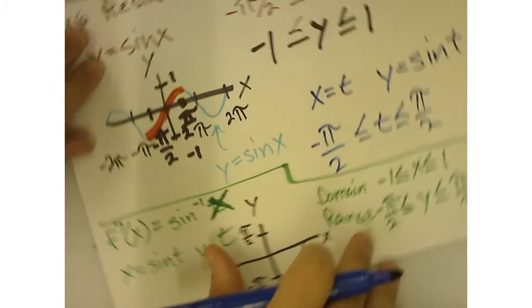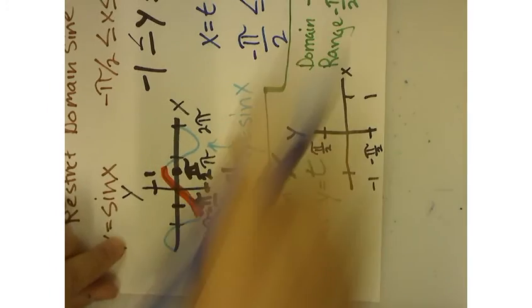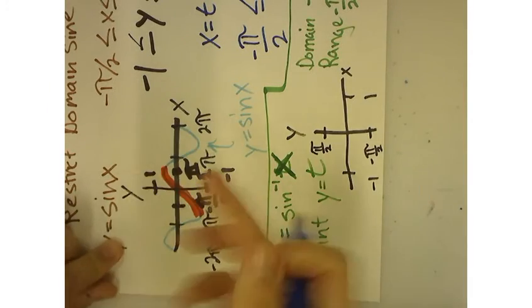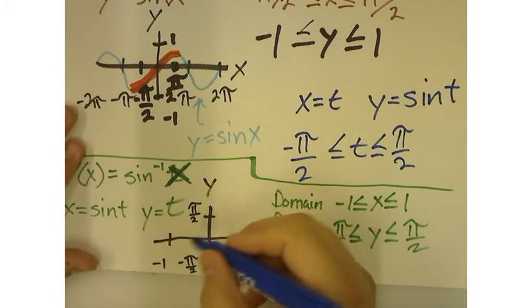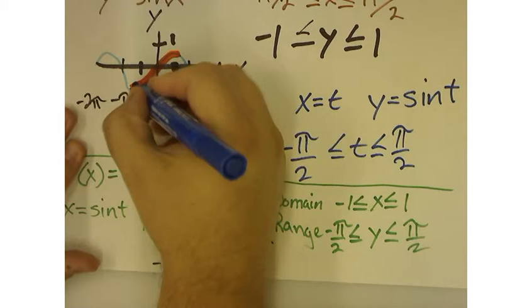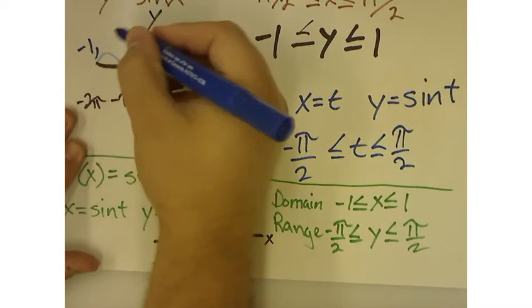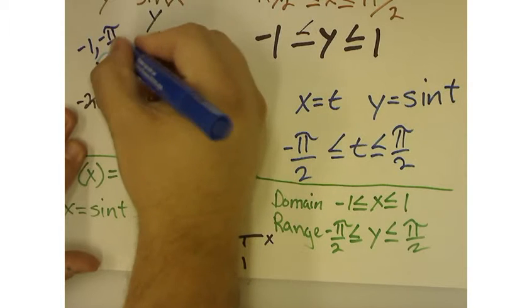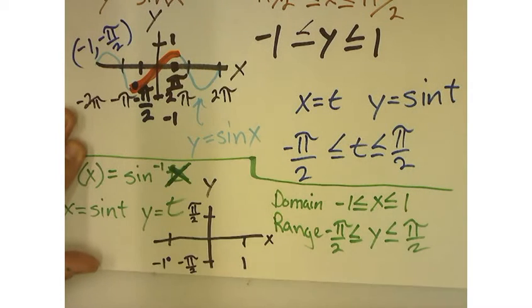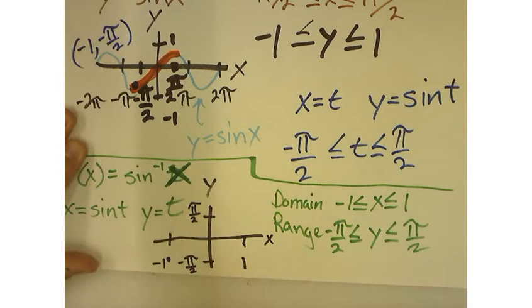If it were possible, I'd flip this and then I'd flip it over the other way. And so what we would end up with is we have the point here. What is this point here? This point here is -1 comma negative pi over 2.